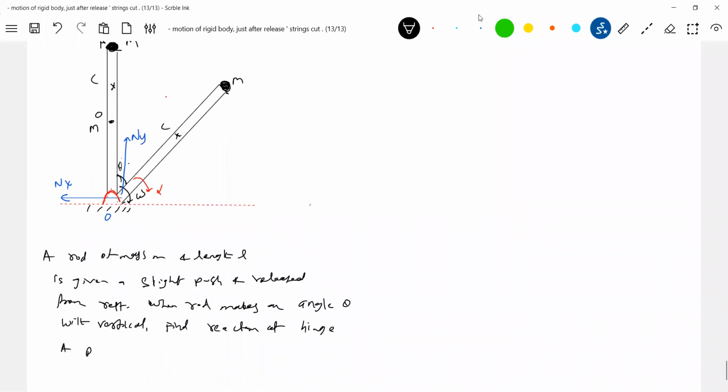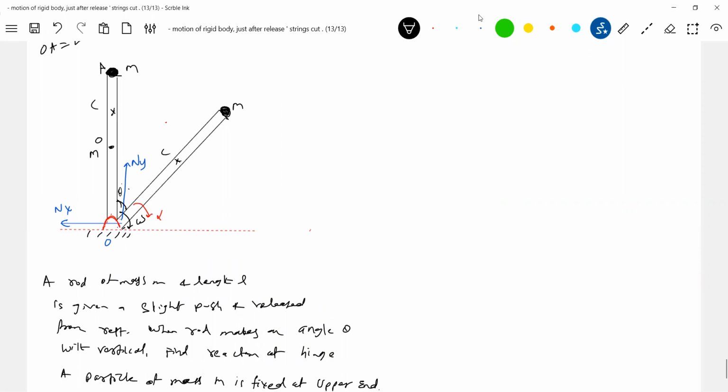A particle of mass m is fixed at the upper end. Where will the center of mass of the system be? Somewhere here. The center of mass of the rod is different, so 2mg will come into the picture. How much height has the center of mass descended?